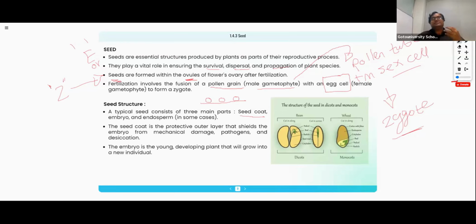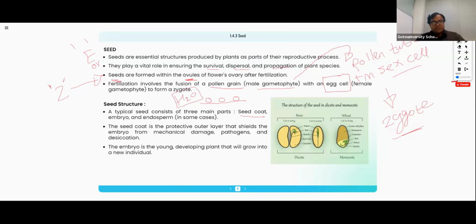For what? To support the seed cell metabolism. If the seed cell should undergo metabolism more appropriately, I need the water. The water is getting adhered to the seed coat. Then the germination happens very nicely, right?